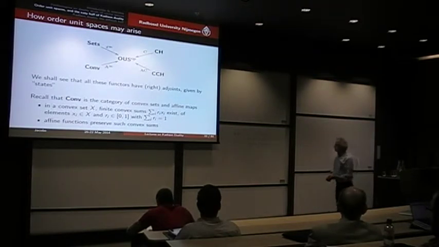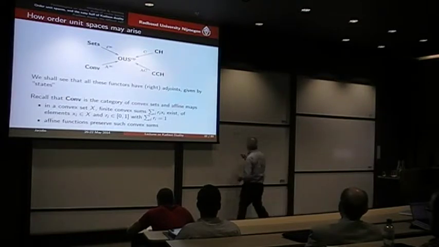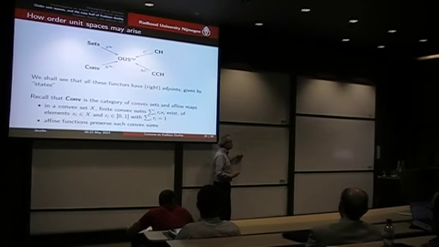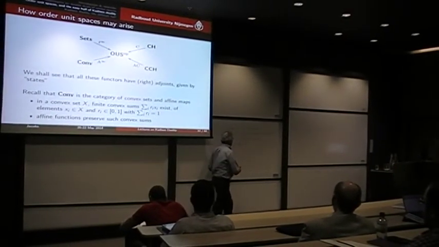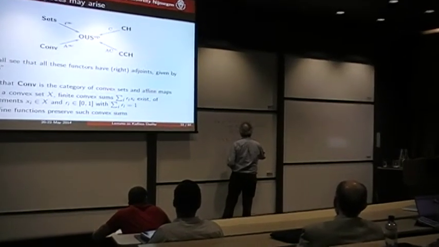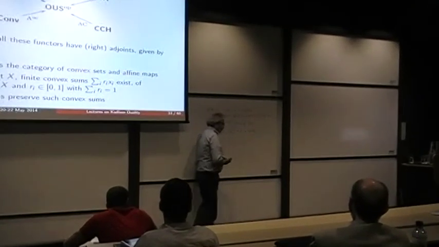There's a historical description going back to Stone, where he uses a sum like this, x plus_r y, where r is a real number between 0 and 1, which can be understood as r times x plus 1 minus r times y, in this sense.